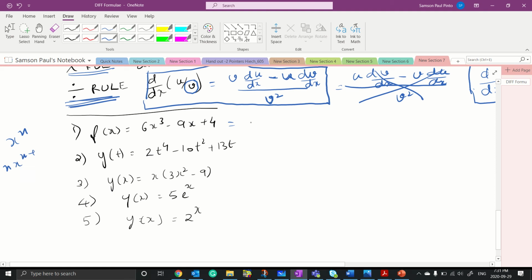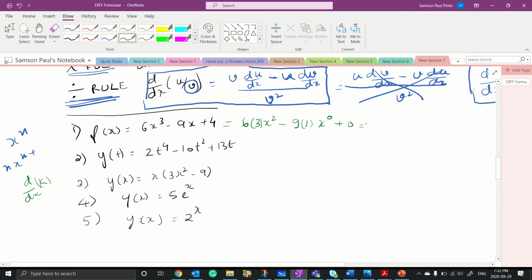So this becomes 6 into 3x square, minus 9 into x to the power of 1, so that is 1 into x to the power of 0, plus, there is no x here, so it is the differentiation of a constant, which is 0.